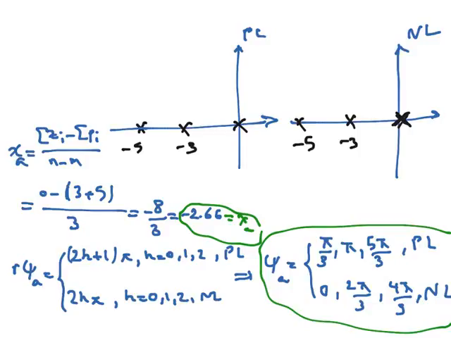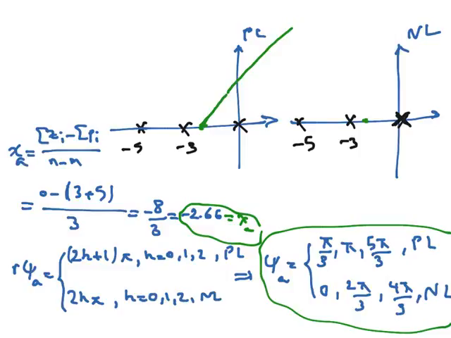For the asymptotes, they meet the real axis at -2.66, which I assume is here, XA. For the case of positive locus, we will have 3 asymptotes. The first one with the angle of pi/3. So I assume that this will be one asymptote.